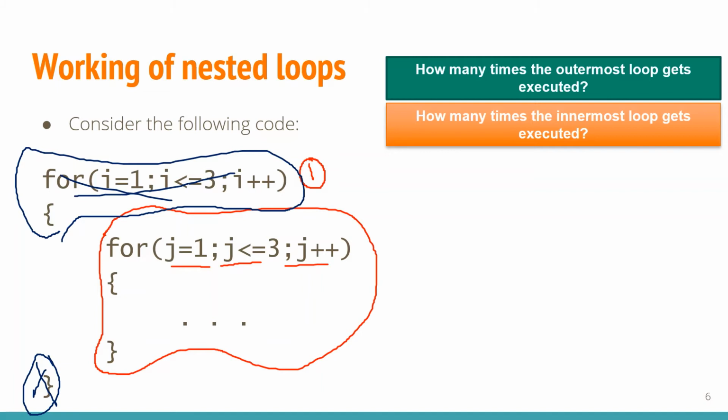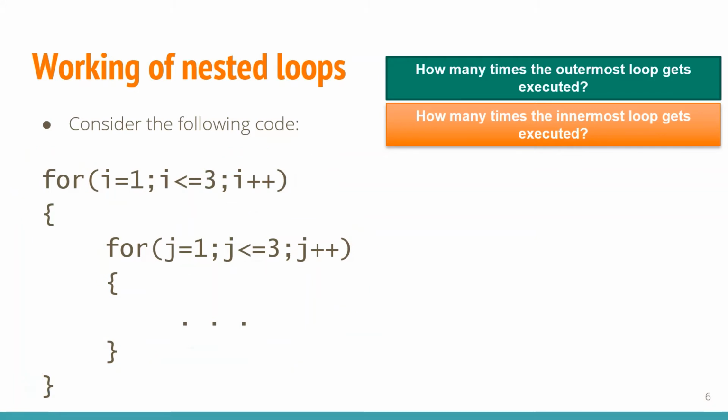If it was an independent loop, then how many times would it have executed? Yes, it would have executed 3 times. So now try to imagine this. It is a part of the outer loop now. Independently it executes 3 times. So for one execution of the outer loop, it executes 3 times. This is the answer for this.